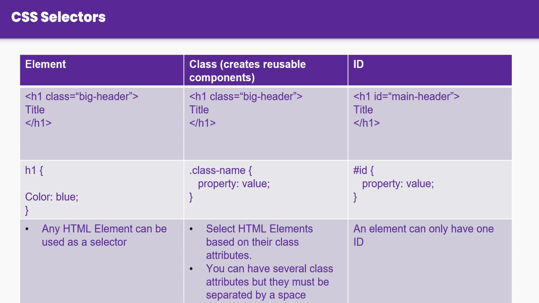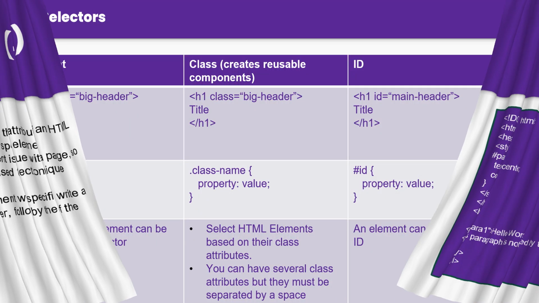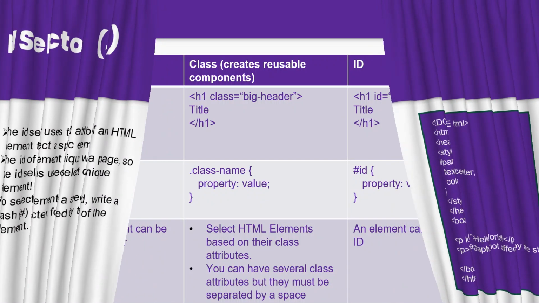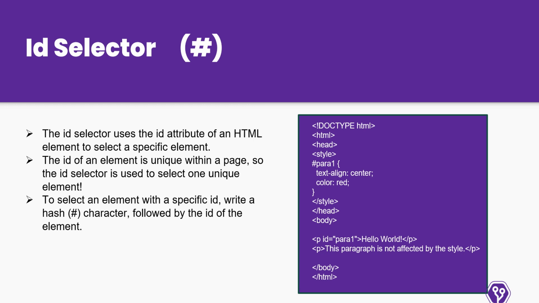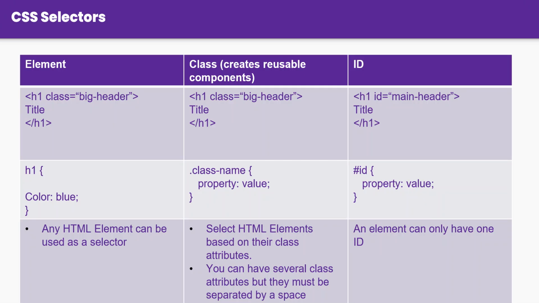Okay, let's go back to the ID attribute. We'll go back to my presentation. Yeah, so when you're using the ID selector, we use this hash when we are doing our styling, and I'll show you in our Visual Studio Code.